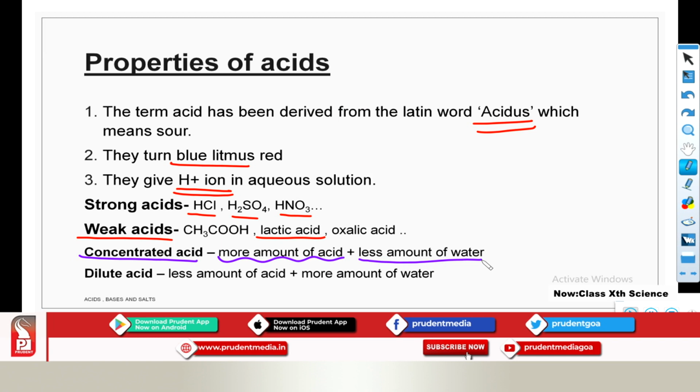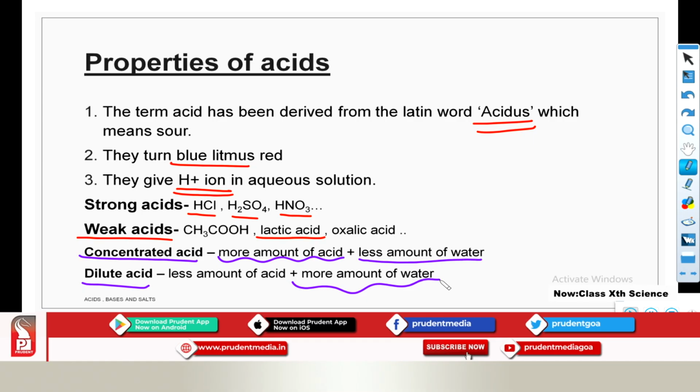Now, a dilute acid contains more water. So you take 5 ml of acid and dissolve it in 50 ml of water, that means your acid is dilute. So concentrated acids are those which have more amount of acid, and dilute acids are those which have more amount of water.